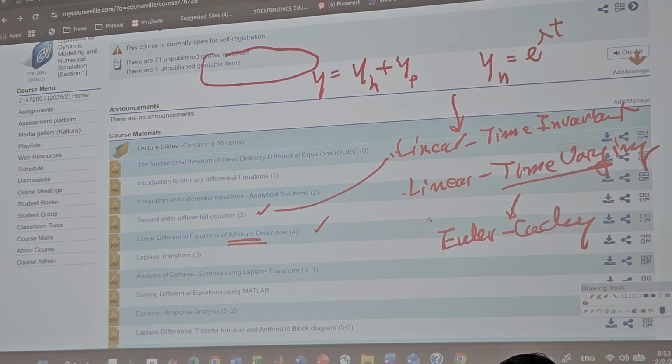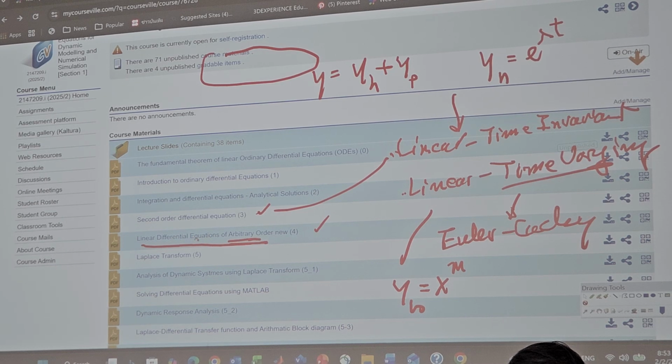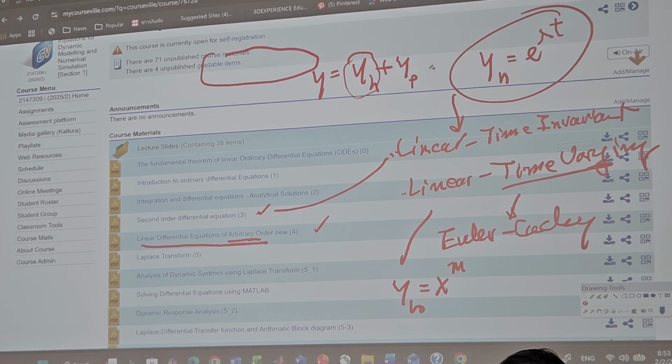If time varying, we assume this one instead, to obtain the characteristic equation. For second order system, higher order systems are the same. Compared for homogeneous, we do the same.